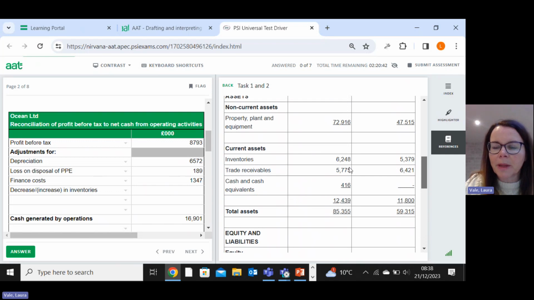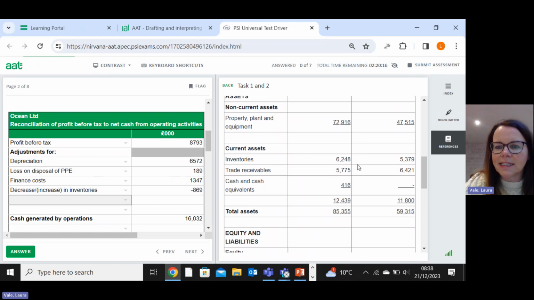Where's it gone? There we are. Right, so we do 6248 take away 5379, which is 869. Don't worry about making a noise. So 869 is an increase in inventories. So if I've got an increase in inventories, I must have spent more money on them. So minus 869.